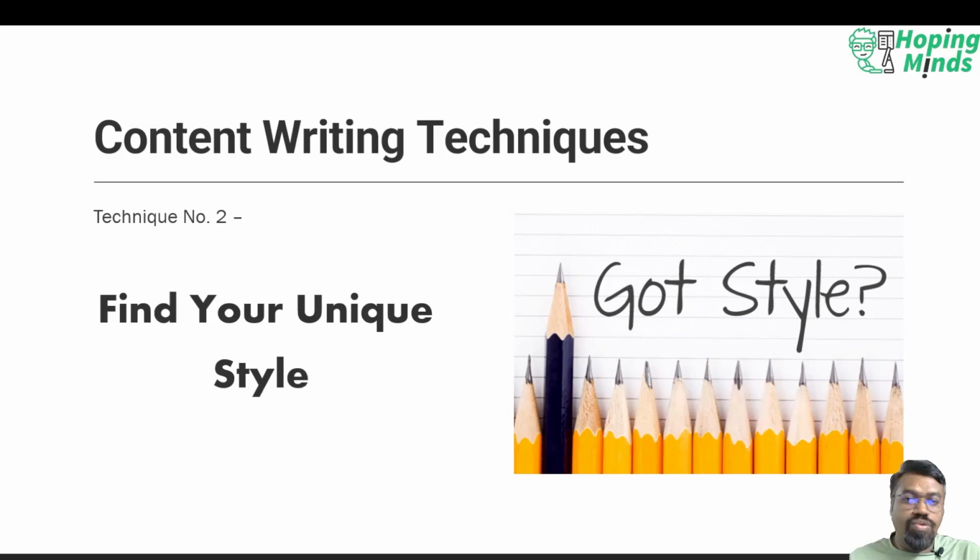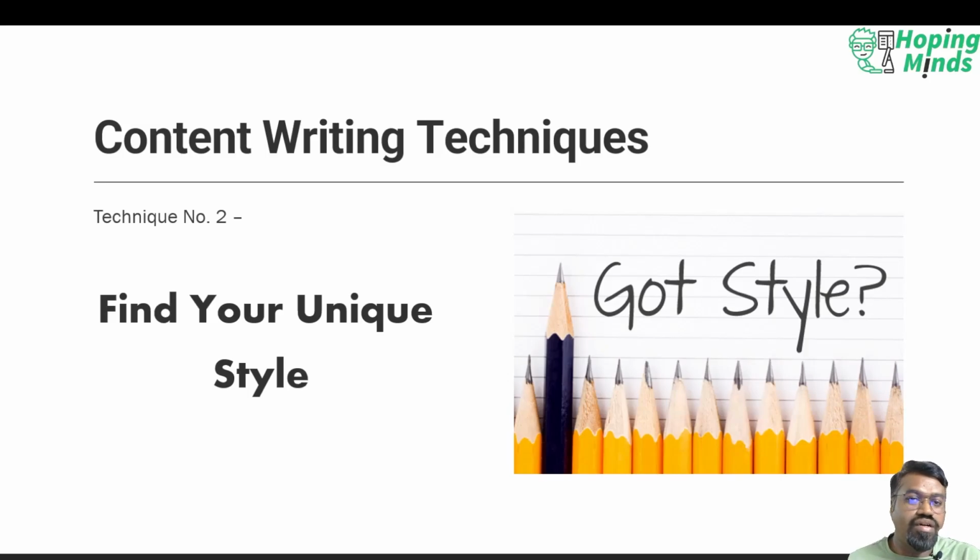Number two, you have to have your own unique style, because currently, if you see all the writers, there might be some who are interested in automobiles. There might be certain writers who are interested in day-to-day life.